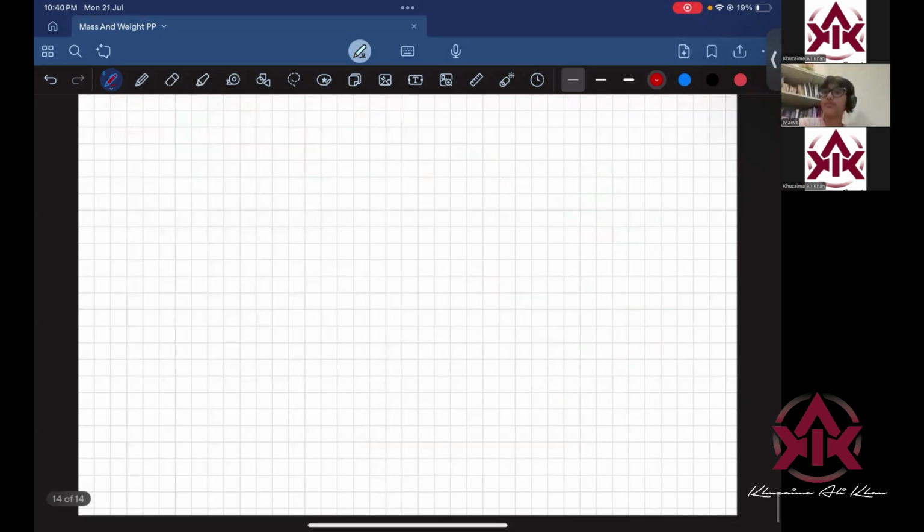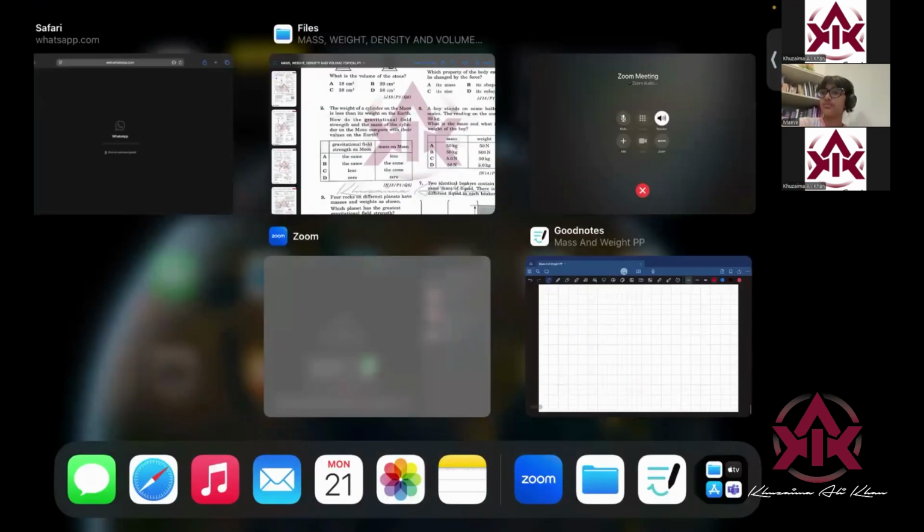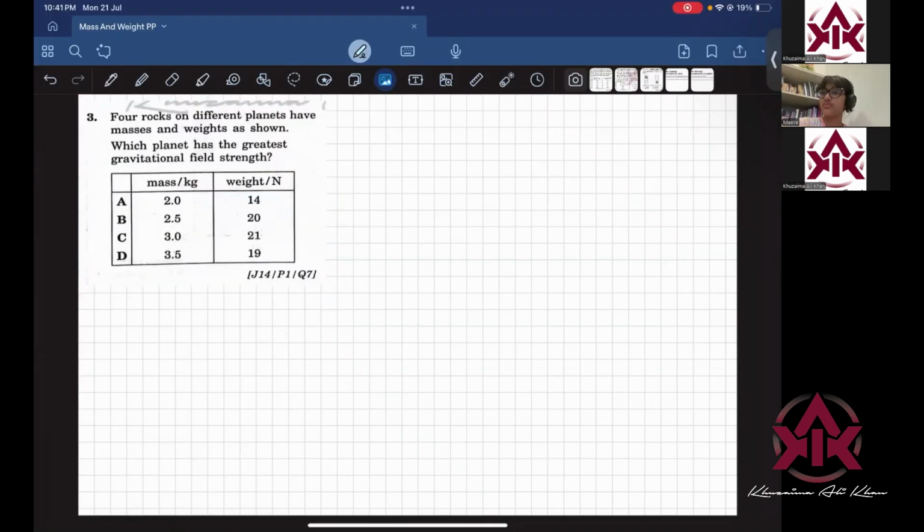Yeah. Okay, so let's go on toward question number three. Question number three is again on weight and mass, right? Four rocks on different planets have masses and weights, which are shown here. Which planet has the greatest gravitational field strength? For this, you have to recall your weight formula, that weight is equal to mg.